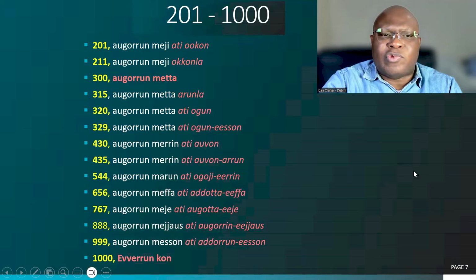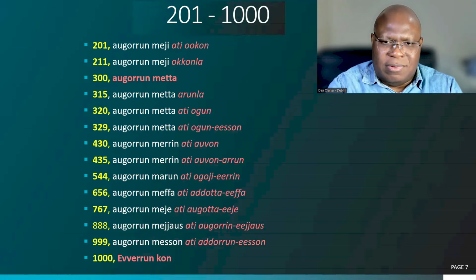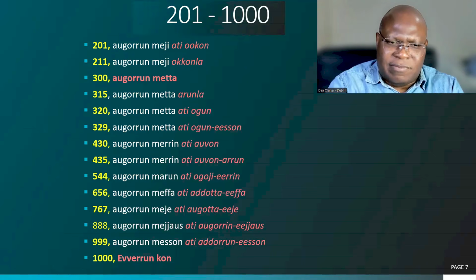In this slide, we're going to count from 200 to 1,000. So 201, ọgọ́rùn méjì àti ọ̀kan. 211, ọgọ́rùn méjì ọ̀kànlá.